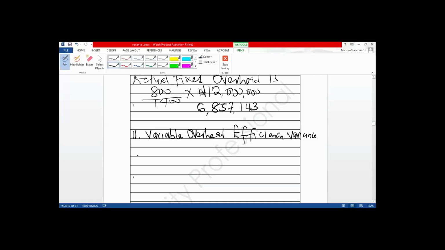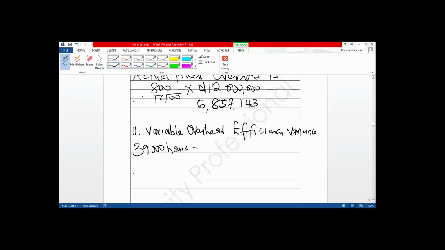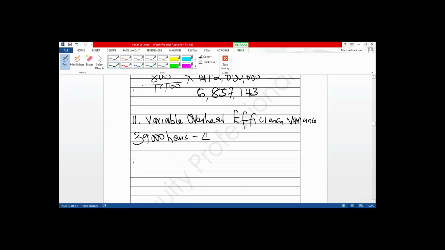That means standard labor hours for actual production should be 39,000 hours, minus actual labor hours used, 40,100. When you get the difference, multiply by the variable overhead absorption rate per labor hour, 120.